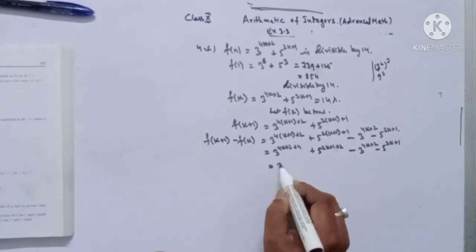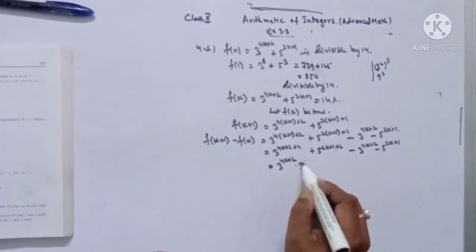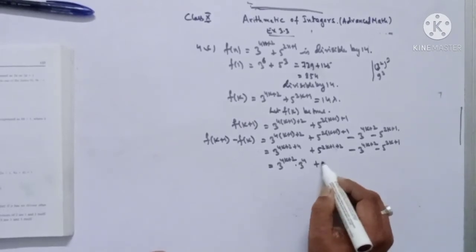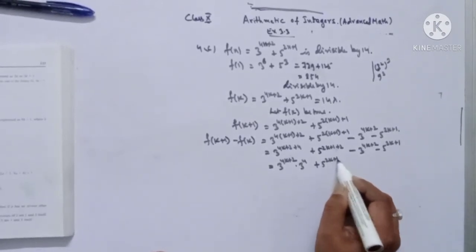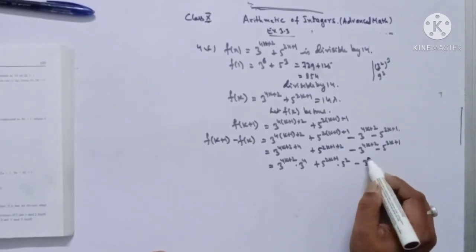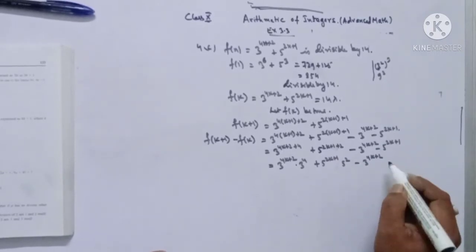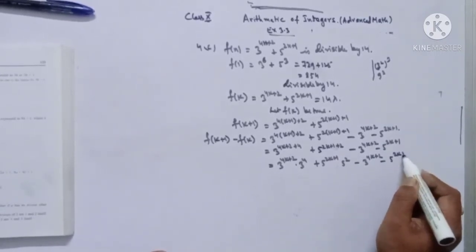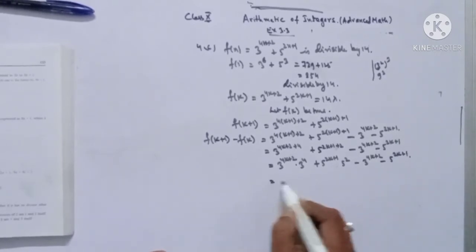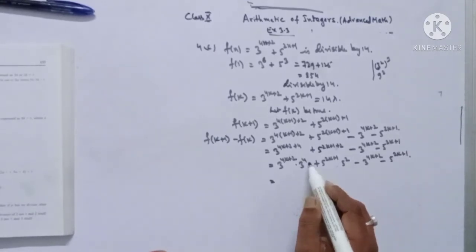So this will be equal to 3 to the power of 4k plus 2 into 3 to the power of 4, and 5 to the power of 2k plus 1 into 5 square, minus 3 to the power of 4k plus 2 minus 5 to the power of 2k plus 1. So 3 to the 4 is 81, and 5 square is 25.